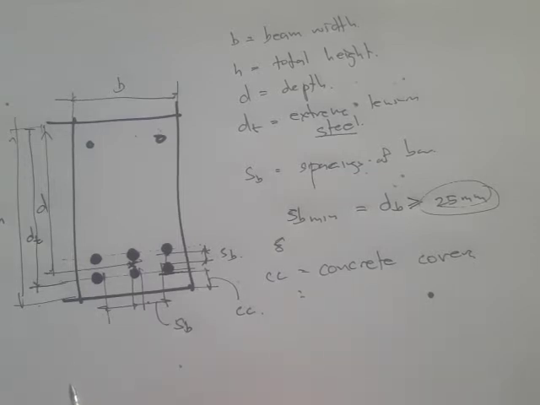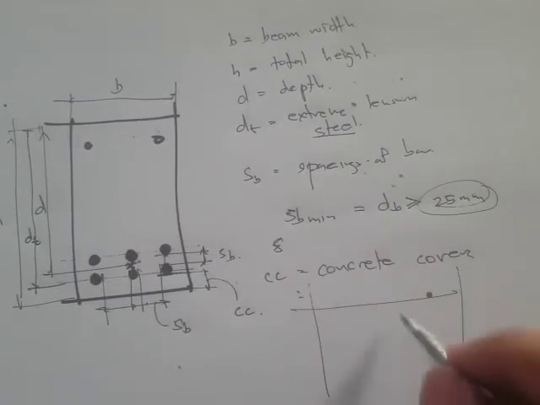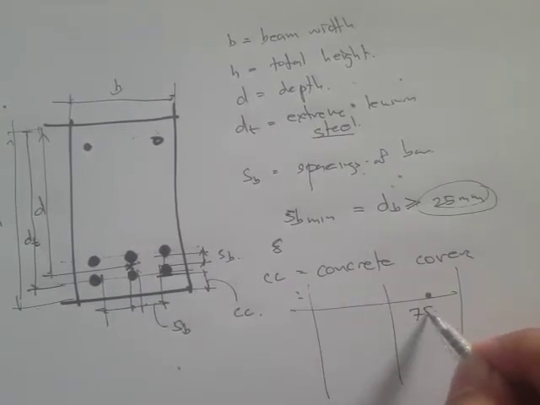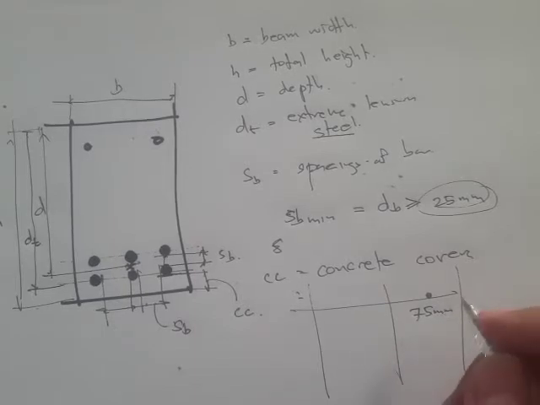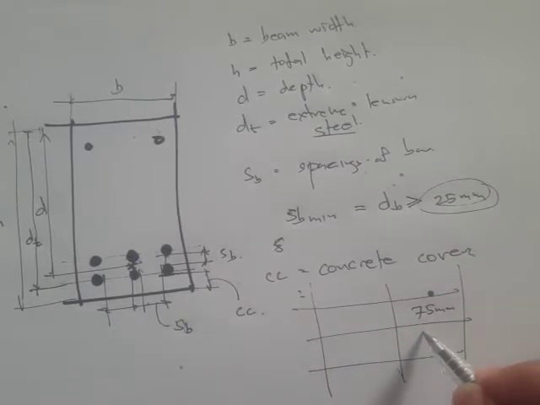Like when your concrete is cast and permanently exposed to earth, we have a table in our lecture handouts that says 75 mm. If exposed to earth or weather, depending upon the diameter of the bar, we have 50 mm and 40 mm.